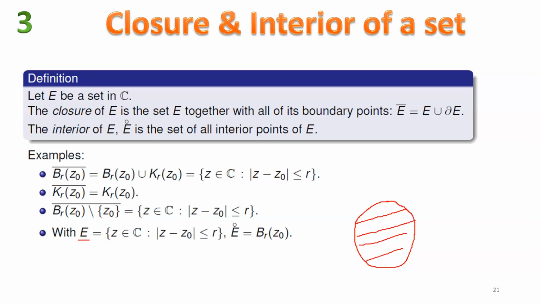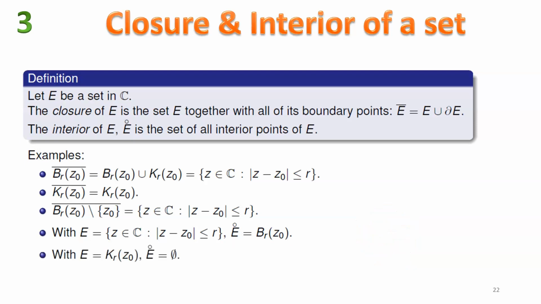Now, when we write the interior of E and denote it as E0, then it is B_R(Z0). We are throwing away the boundary points and considering the interior of the disk.